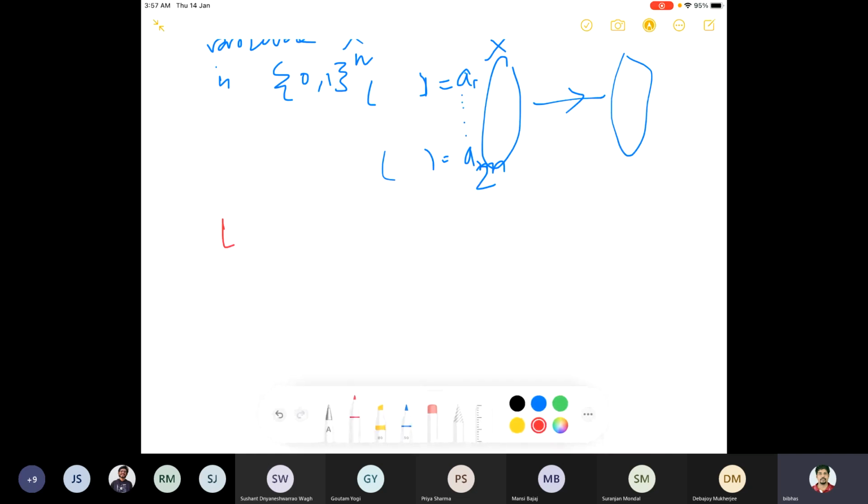So let all the sample points be equally likely.